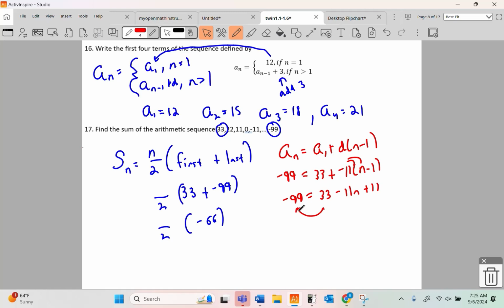Take away another 11 is negative what? 143? Negative 132, yeah. Negative 143 is negative 11n. And then I divide by my negative 11. That's 13. Yeah. There's 13 terms.